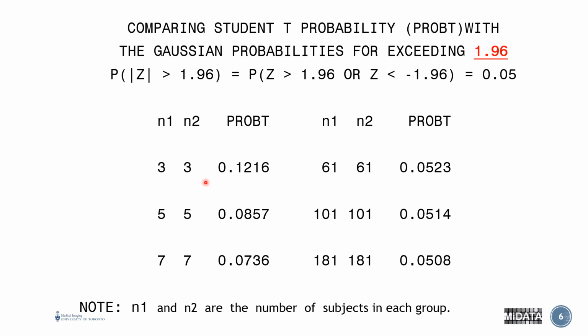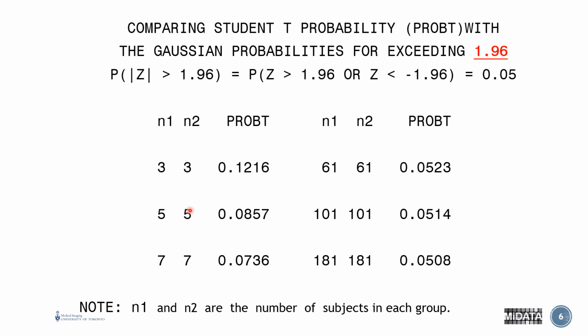You can see immediately that with a very small sample size of 3, using the 1.96 cut point for the Z ratio, the area to the right and to the left of the cut points is much greater than what's expected, which is 5%. You can see here we're getting a good 12%.